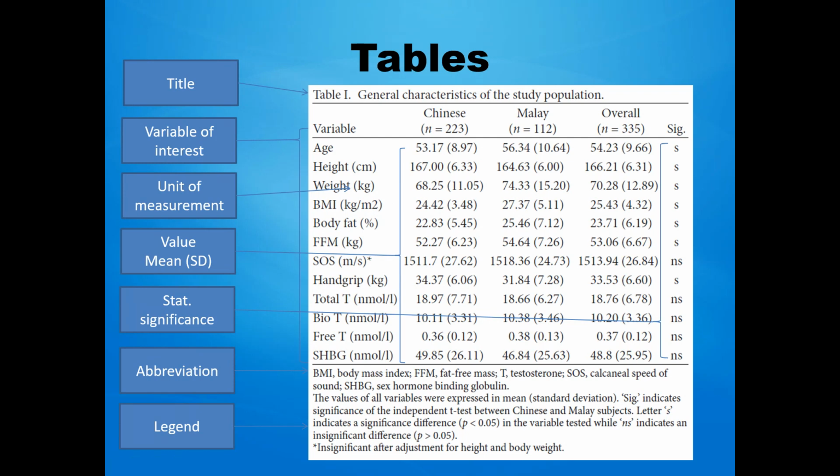For the values, usually they are presented in mean and SD or SEM for continuous data, or median and interquartile range for skewed data. You should also indicate the significance. In this instance, actually we prefer the real p-value of the comparisons. And also underneath the table, in the footnote, you will list out all the abbreviations used in the table and the legends.